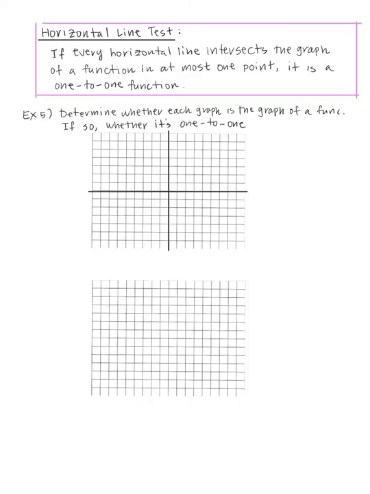Let's do some examples. Example 5, determine whether each graph is the graph of a function. If so, whether it's a one-to-one function. Let's look at part A. So I just drew a parabola shifted how many units downward? 1, 2, 3, 4 units downward. But anyways, let's first determine whether this graph is a function or not.